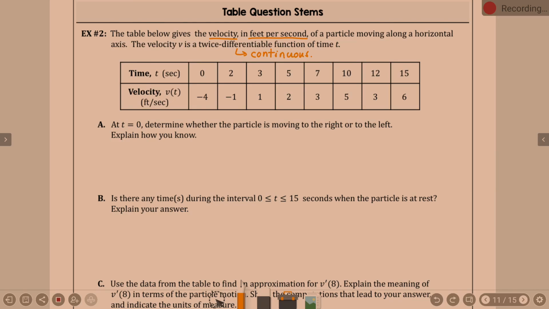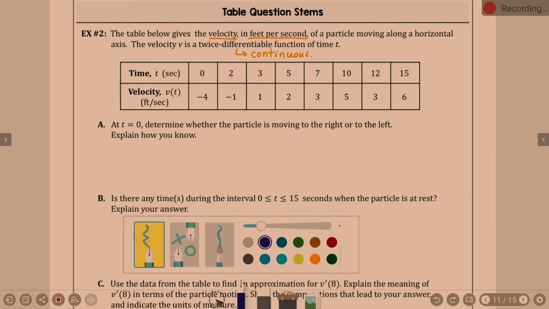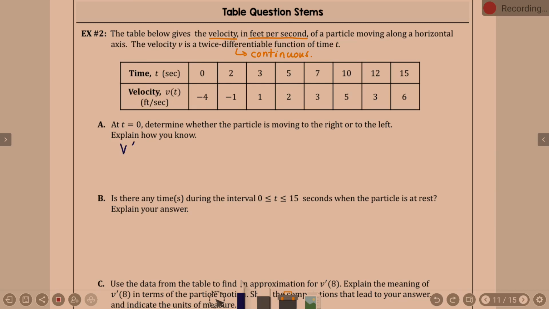That's the basic gist of what I have: I stated the velocity at 0 is -4, which is just pulled from the chart. So we then, of course, know the particle is moving left, since velocity at 0 is less than 0.